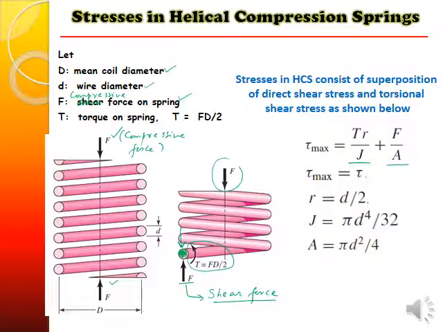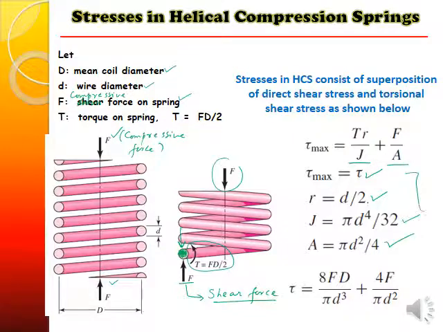Now, if we say the maximum stress is tau, the radius is half of the wire diameter, polar moment of inertia is pi d^4 by 32, and the area is pi d squared by 4, we can substitute all of these in this equation.